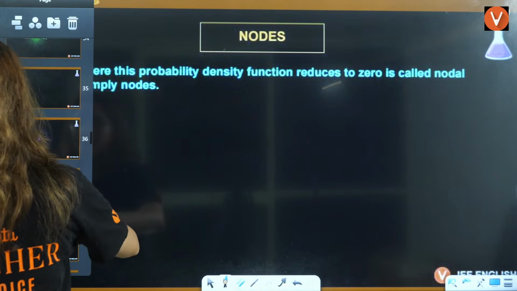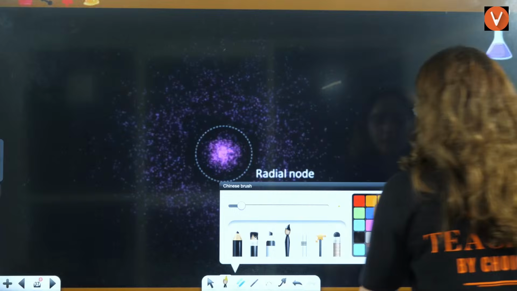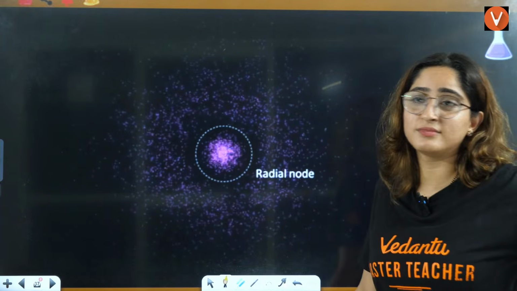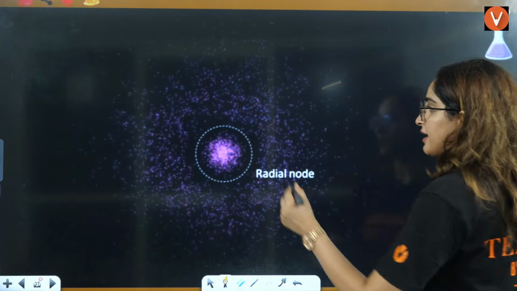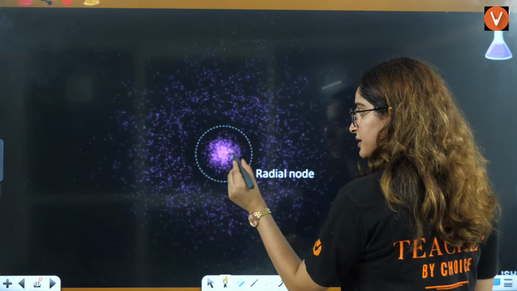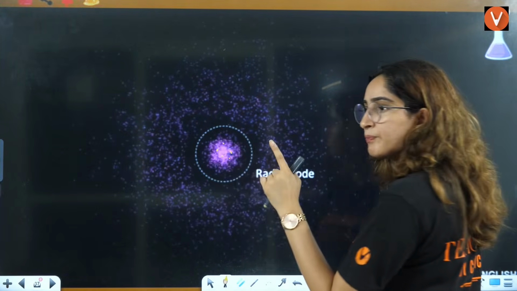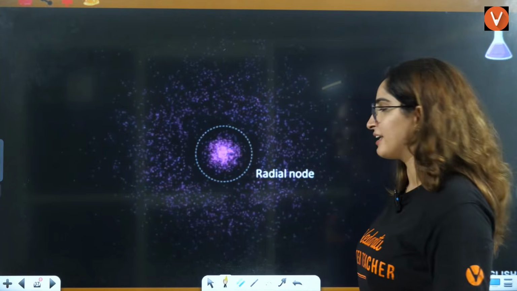For example, can you see this thing here? We will derive how this is formed. If you see, this center was the nucleus. Then you have some electrons here, drawn in pink. Pink tells you the probability of finding the electrons.